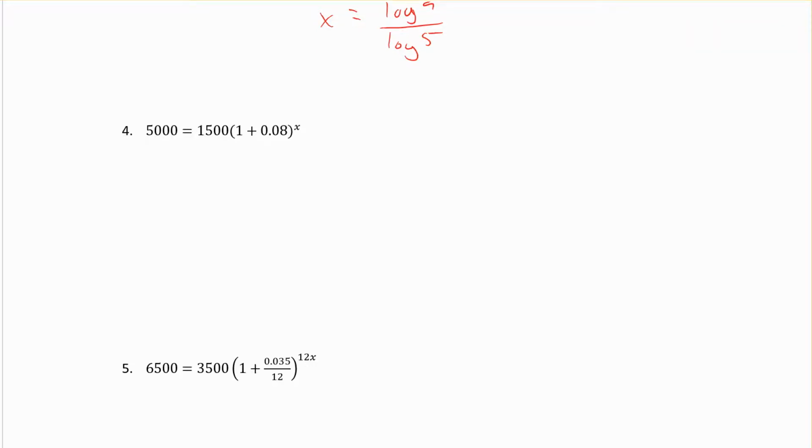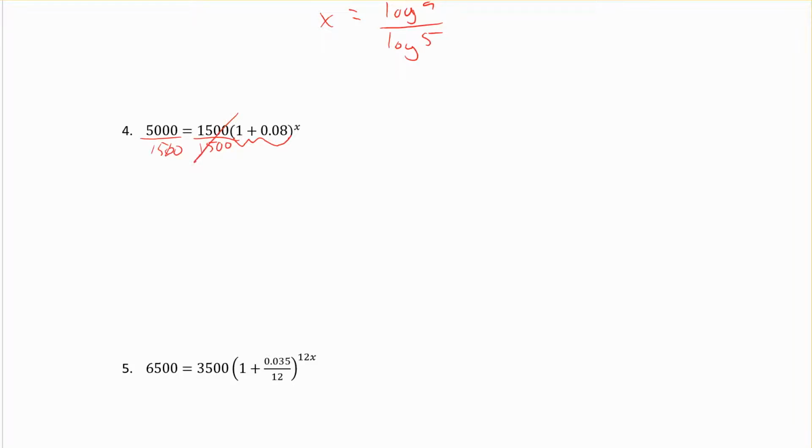Okay, this one, what we're going to have to do is, when there's things in brackets here, this is unnecessary, that we have 1 plus 0.08. I can just write that as 1.08, right? Let's just add those. Let's get that out of the way now so we don't have to worry about it. So what I'm going to do, though, is I'm also going to divide both sides by 1500.